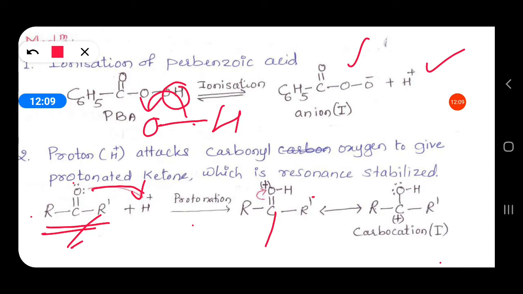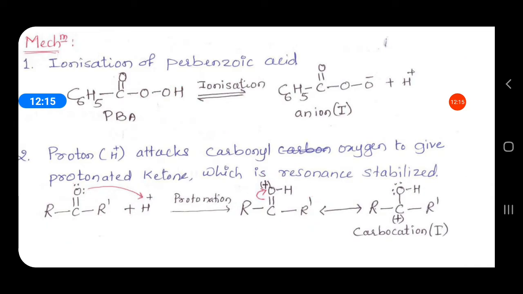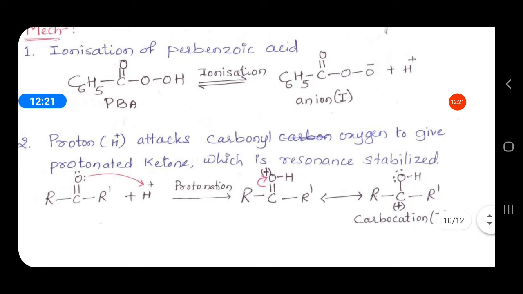This cation form is resonance stabilized. The pi electrons of the C double bond O are given to oxygen, so that carbon gets a positive charge. So the positive charge formed on the oxygen can be delocalized to carbon also.